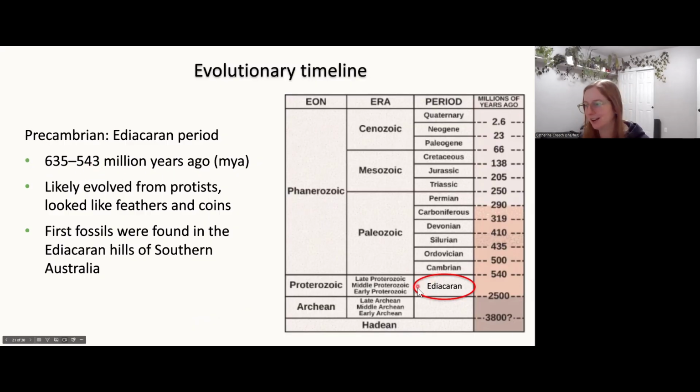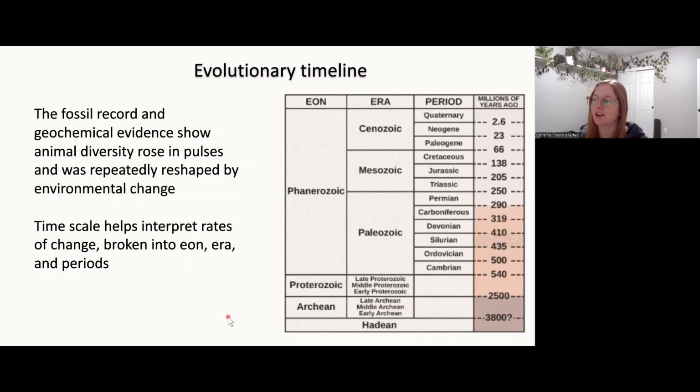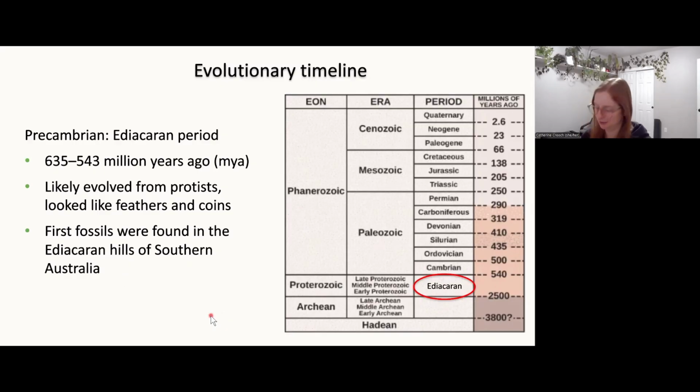And in this era, we think that animals developed from protists, and they looked kind of like coins or looked kind of like feathers. And we have a good amount of fossils from this era. They're named after the place that they were found in southern Australia, so these hills. And this is a newer name, which is why I'm calling it out. You might also note that on the old slide, it isn't even there. So this newer name is what we're going to be using now.